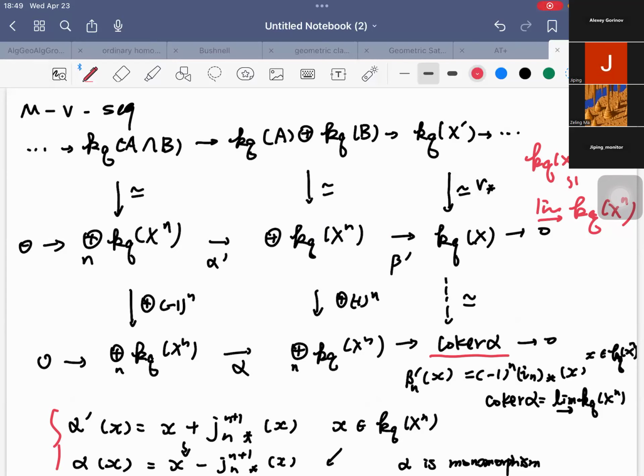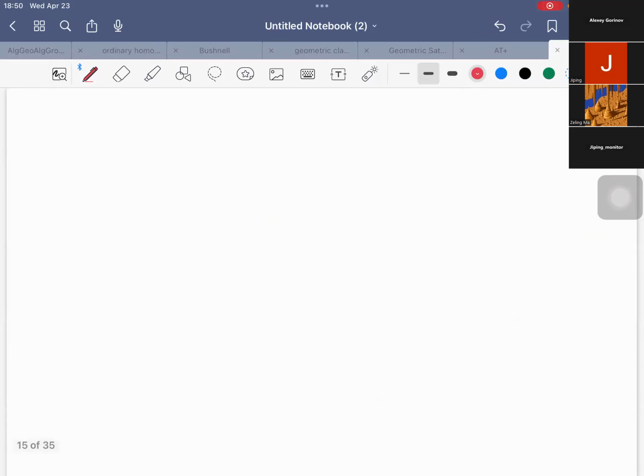Basically, there was a map, I_N lower star, something like that, and we wanted to prove that if we have an ordinary cohomology or homology theory, then the map is an isomorphism. Yes, this is I_N star.